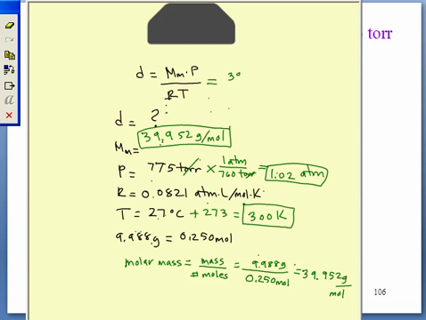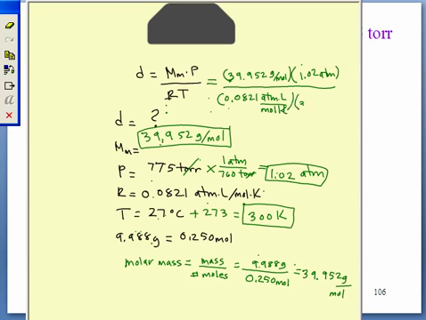So my molar mass is 39.952 grams per mole, and I'm going to multiply that by my pressure, which is 1.02 atm. And then I'm going to divide that by R, which is 0.0821 atmosphere liter per mole K. Whoops, sorry. And then I'm going to multiply that by my temperature, which is 300 K.